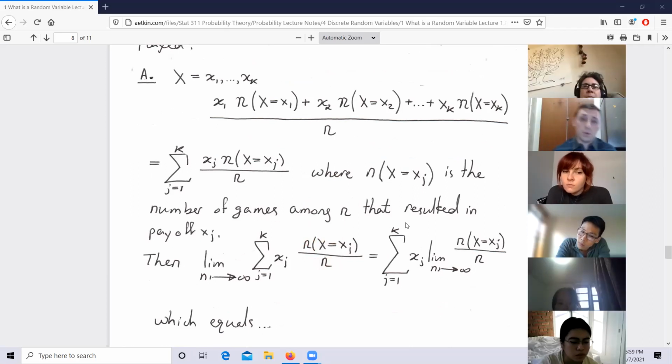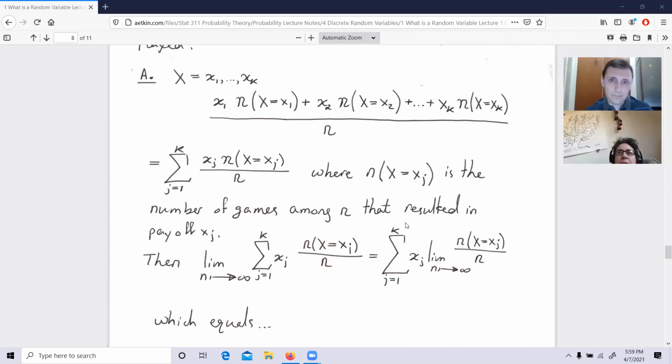What is that limit approaching? That's what I was asking. So if you don't see it, then you do not understand.